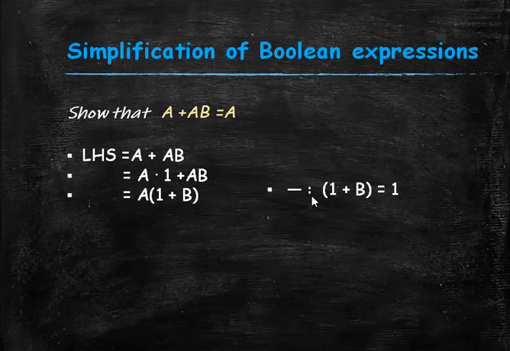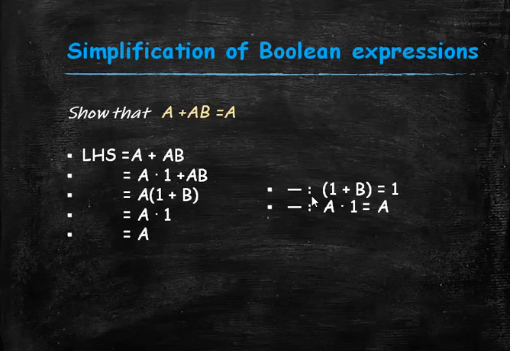Then it is A and 1, and we know that A and 1 is equal to A, then it is proved. That is A or AB is equal to A.